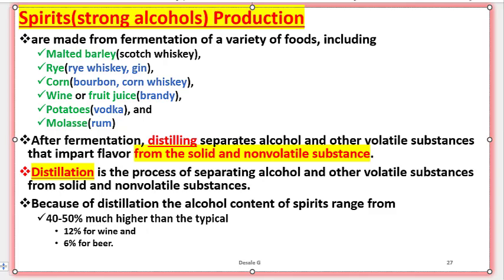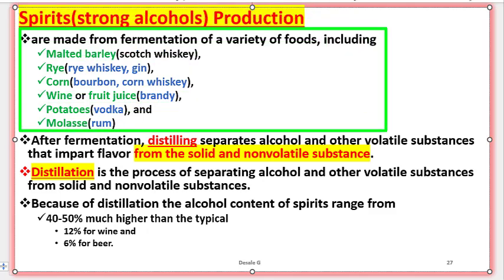The third form of alcoholic production is spirits production. The production of spirits or distilled alcoholic beverages involves fermenting ingredients like grains, fruits, and sugar canes to produce alcohol, which is then distilled to increase the alcohol content and concentration of flavors.